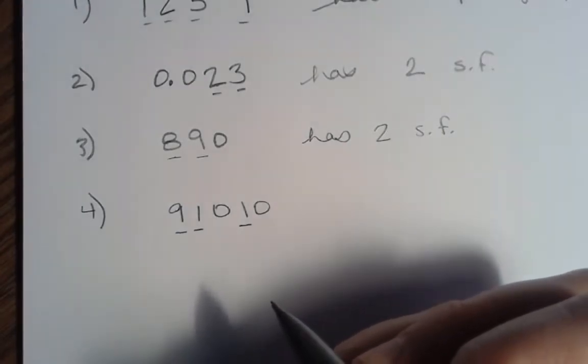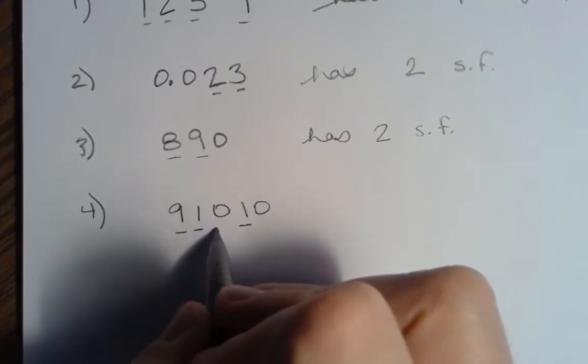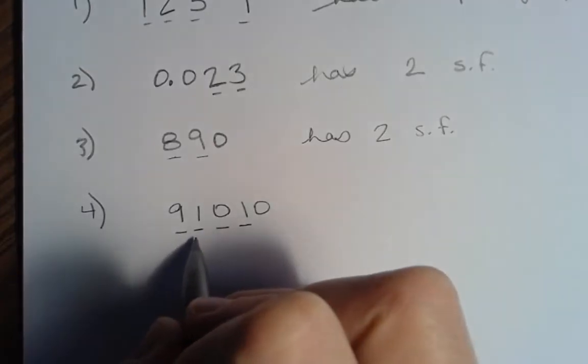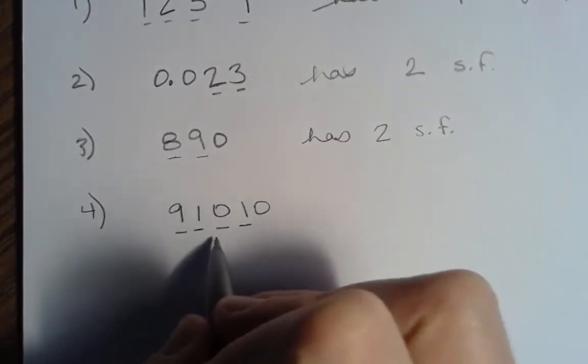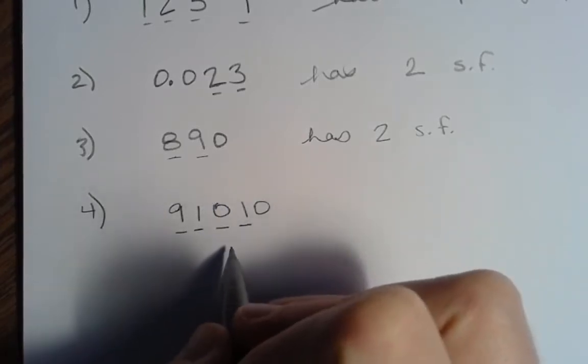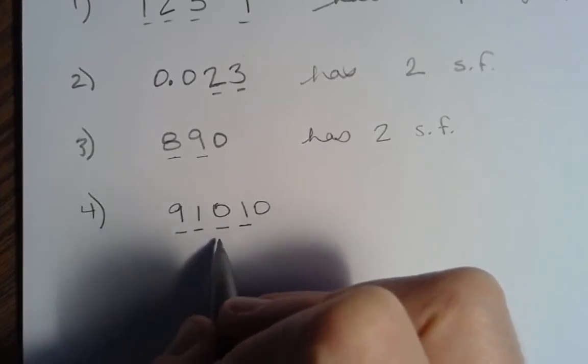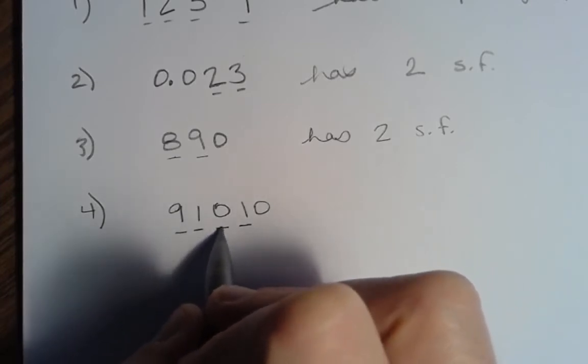It's the zeros that get sticky. This is a middle 0. Middle zeros are always significant because your measuring tool could see the place values on either side. Therefore, it was also totally able to see this place value in between. Middle 0 is always significant. So this one is significant.